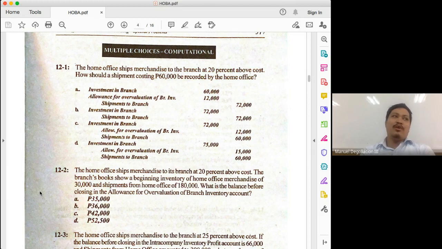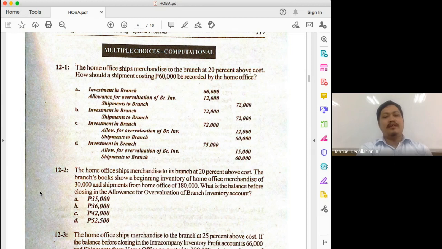Okay, so by bloating the prices on the goods transferred to the branch, the home office is in one way or another making sure that the operations of the branch will be profitable. Okay, but going back to this problem, what is our normal entry for an ordinary shipment? It would have been debit investment in branch and credit shipments to branch.